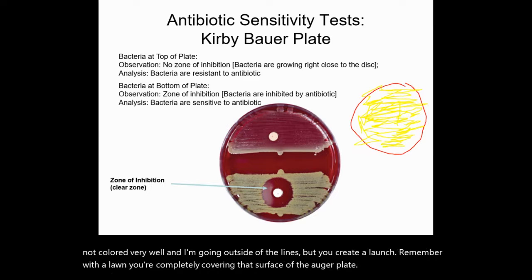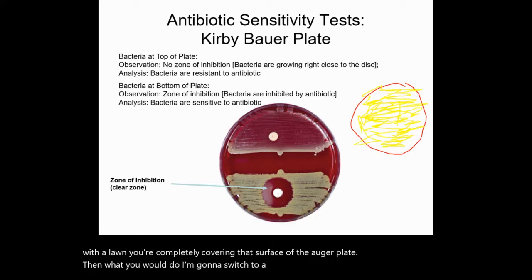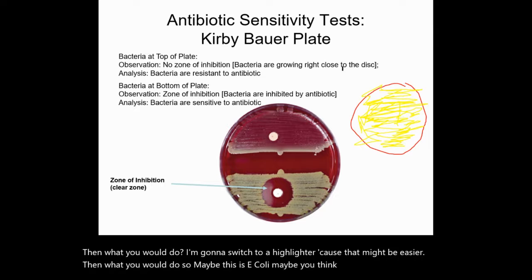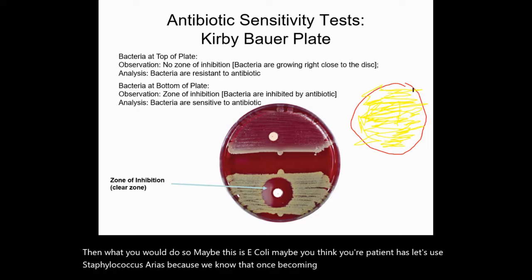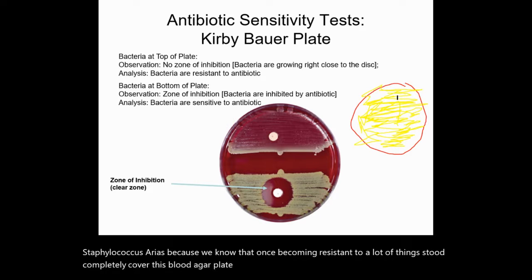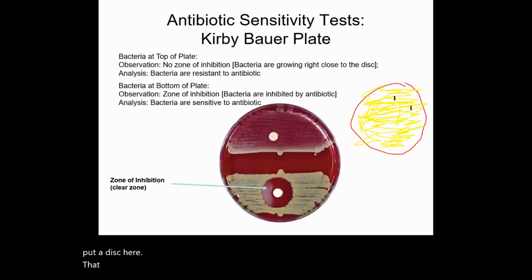Then what you would do, I'm going to switch to a highlighter because that might be easier. Maybe you think your patient has, well, let's use Staphylococcus aureus, because we know that one's becoming resistant to a lot of things. So you would completely cover this blood agar plate with Staphylococcus aureus, and then you would put a disc here that maybe has tetracycline on it.